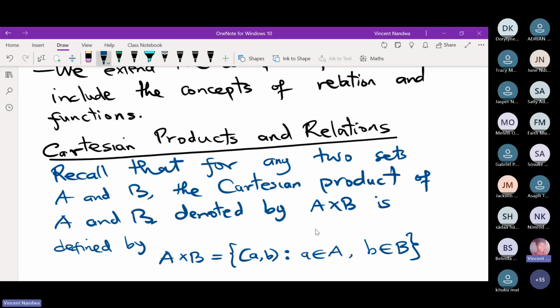If you remember our discussion on sets, it is one of the set operations that we did.